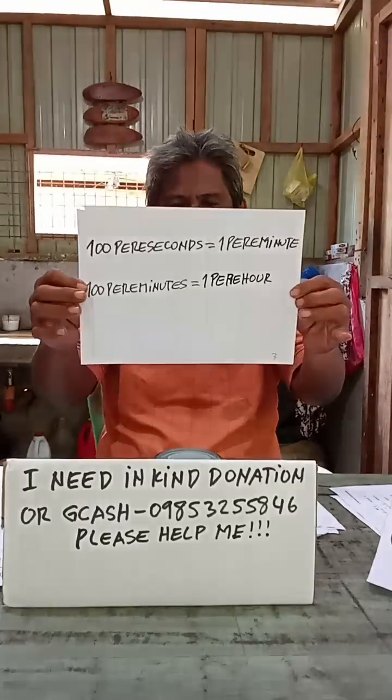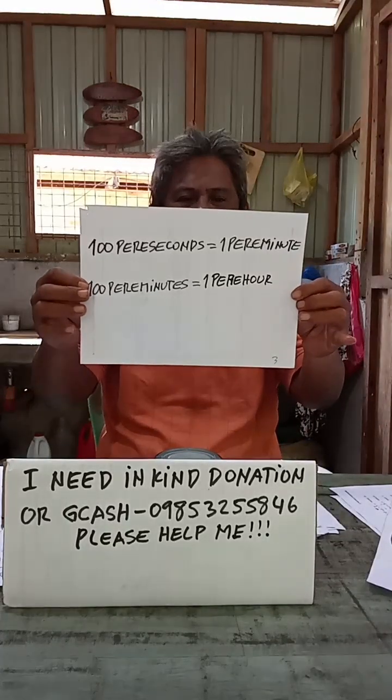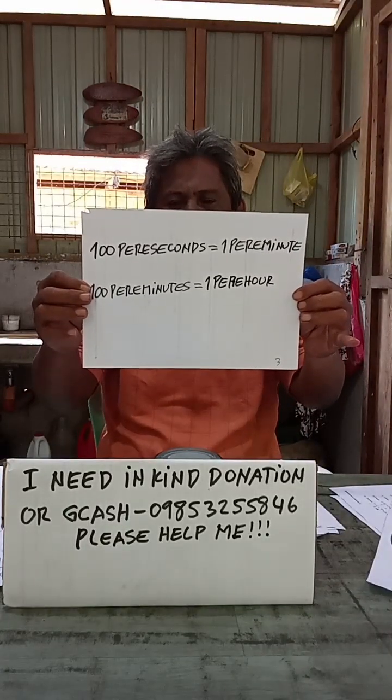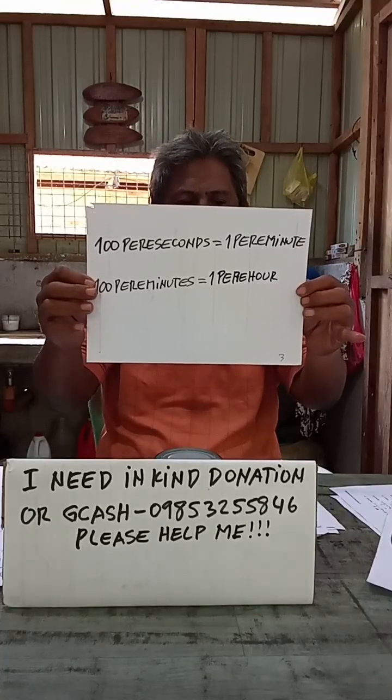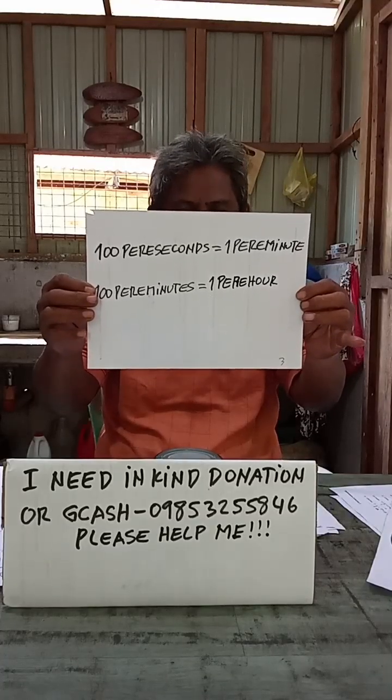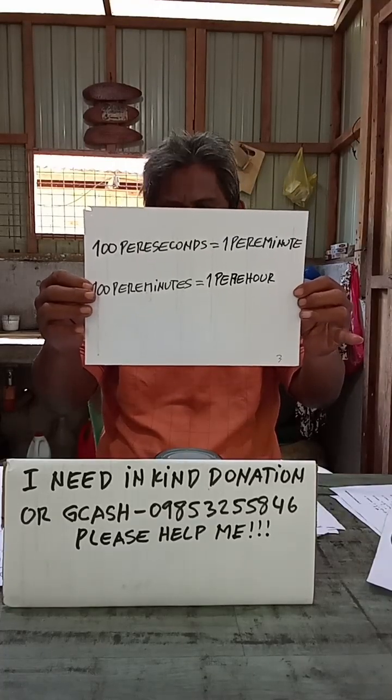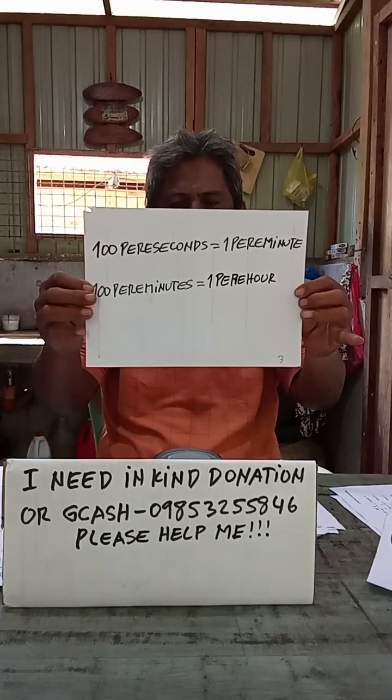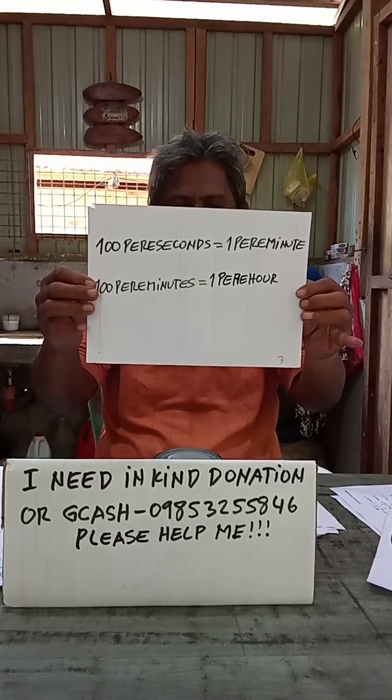In the Peregrino Sienes Time, 100 seconds is equal to 1 minute. And 100 minutes is equal to 1 hour. So, 1 minute is composed of 100 seconds.